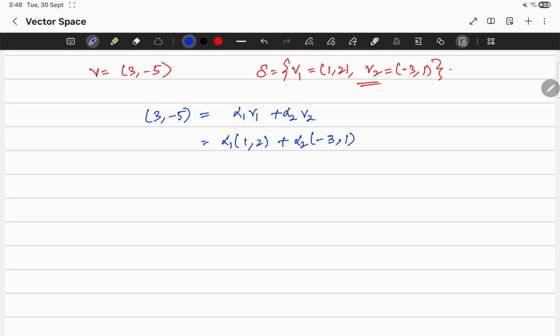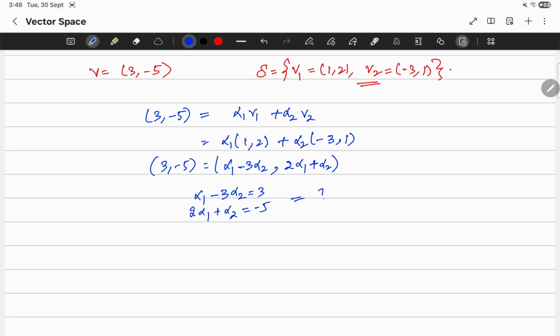So what will you do here? That is alpha 1 minus 3 alpha 2 and 2 alpha 1 plus alpha 2, and it should be (3, minus 5). So you have alpha 1 minus 3 alpha 2 is equal to 3, and 2 alpha 1 plus alpha 2 is equal to minus 5, and solve, you will get alpha 1 and alpha 2.